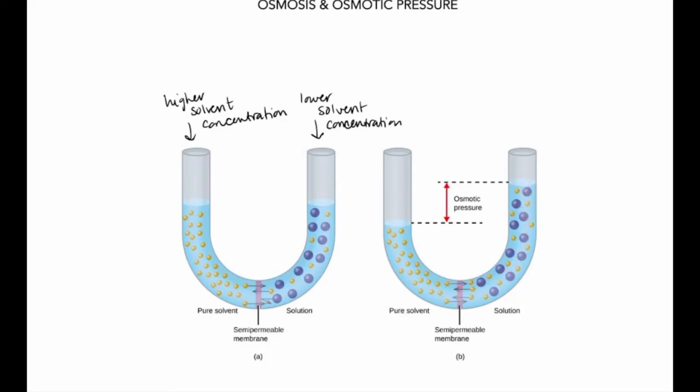And the osmotic pressure is the pressure where we've reached an equilibrium, where there's enough pressure that the particles are still going through, but there's an equal number going back that's kind of equalized the flow of solvent, and we don't have more solvent continuing to flood the solution. So we have this osmotic pressure that's the pressure that will kind of stop the osmosis, stop the one-way flow of solvent into the solution.